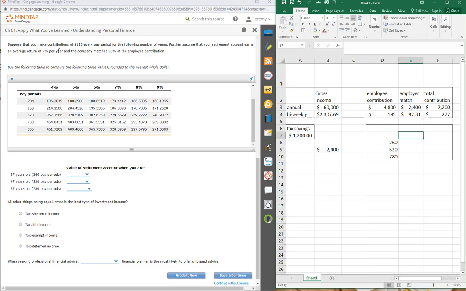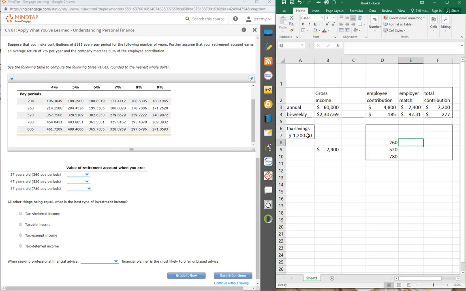We return an average of 7%, and the company matches 50% of the employee contribution. That 185 number comes right from what we calculated earlier for how much I'm putting in. But now we're just going to multiply out and see how much that money turns into over a long period of time.